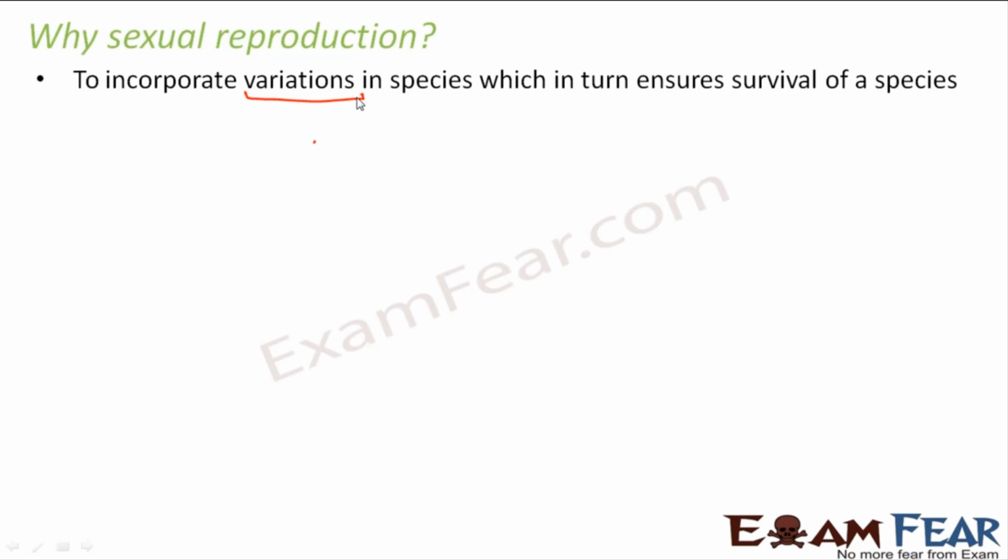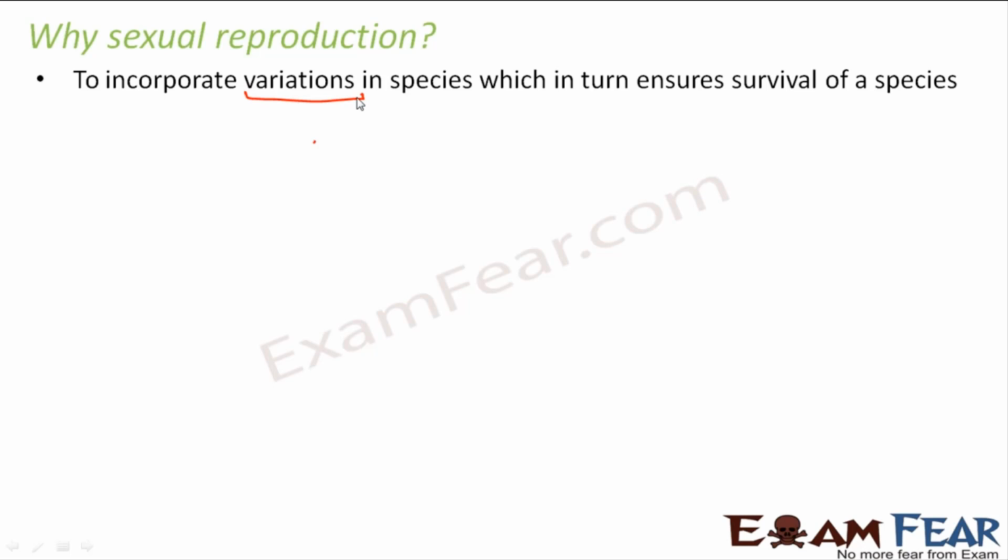Because in asexual reproduction, the daughter organisms or the new organisms which were produced were exactly genetically identical to their parents. So there was no new character being seen in the new organism. There was no difference in the traits of the new organism. So there was no scope of variation in case of asexual reproduction.